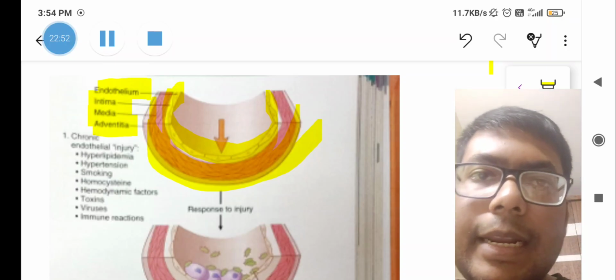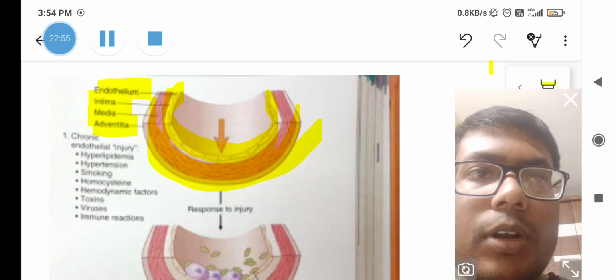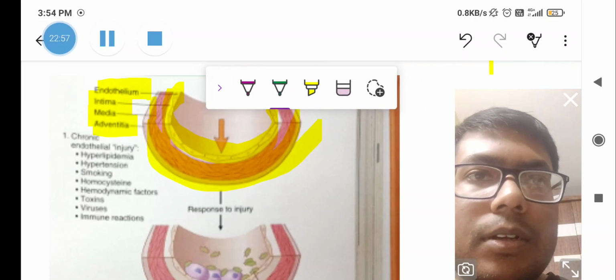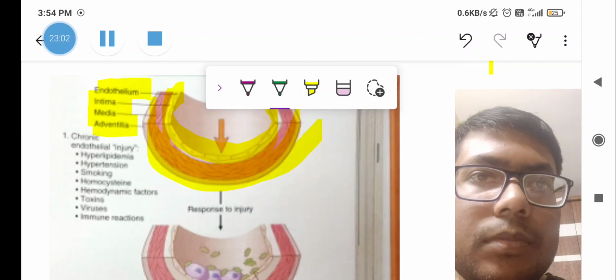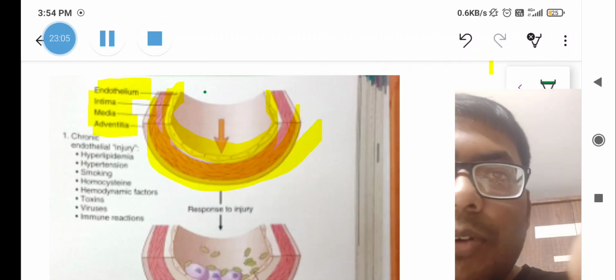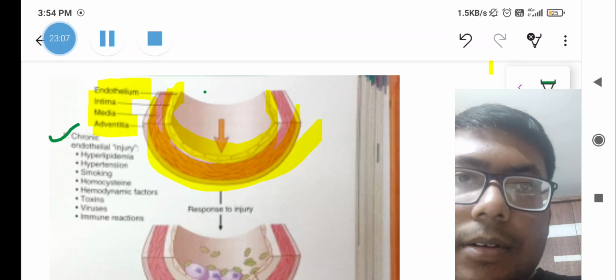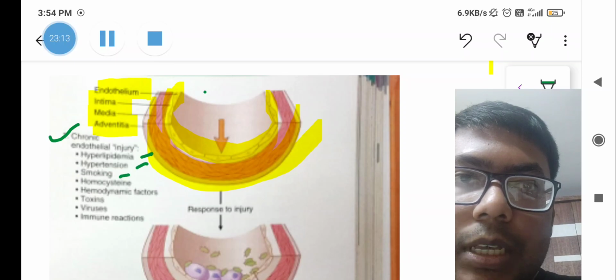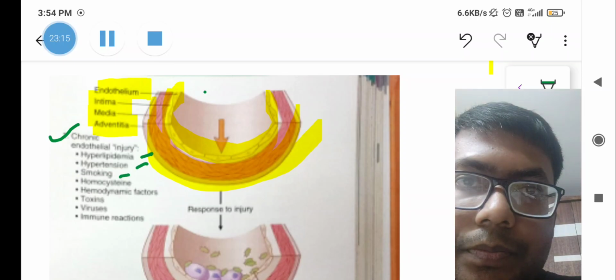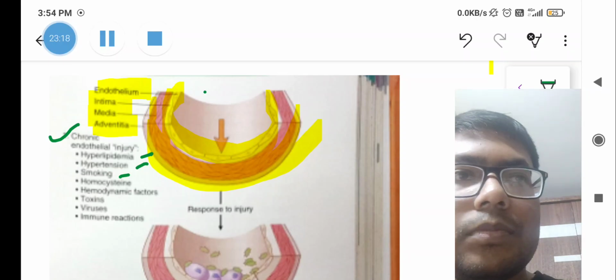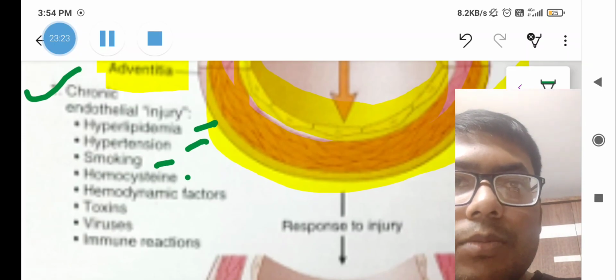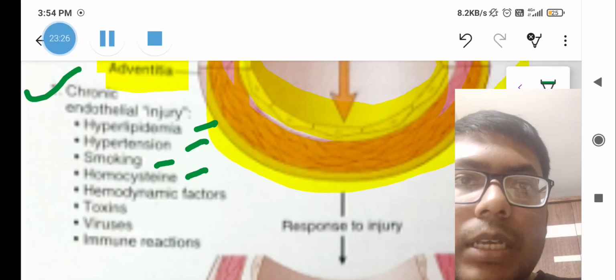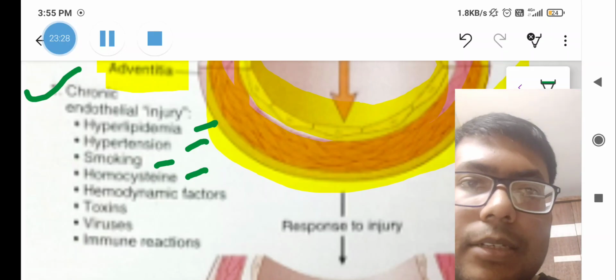Now chronic endothelial injury can be caused by hyperlipidemia, hypertension, smoking, homocystinuria, hemodynamic factors, toxins, viruses, or immune reactions.